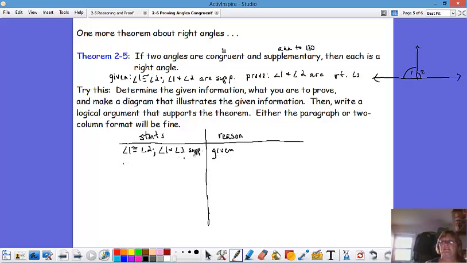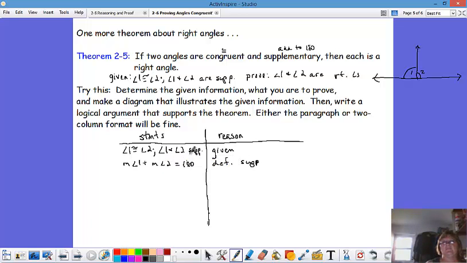So, based on this factoid, we can say that the measure of angle 1 plus the measure of angle 2 equal 180 degrees. Why? Because that's what it means to be supplementary, or that's the definition of supplementary angles. When you hear yourself saying that's what it means to be, you're applying a definition, okay?